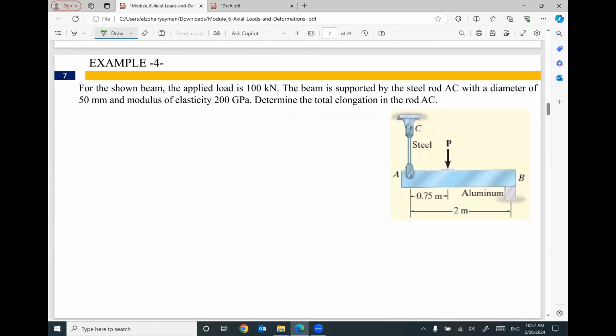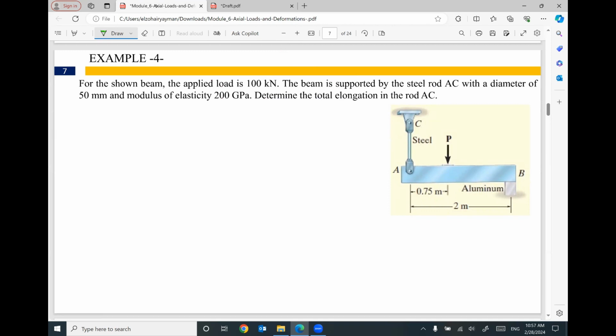We have one more example. In this example, we have a beam. This beam is supported at B with a support and supported at A with a steel member or steel rod. And the beam is supporting a force of 100 kilonewton.